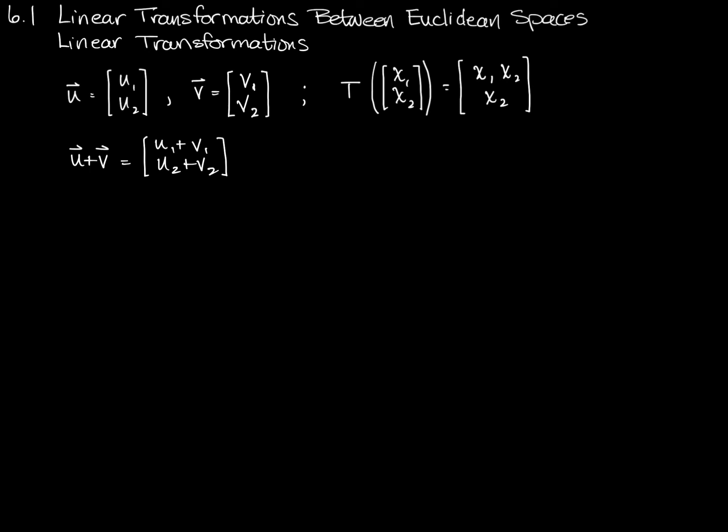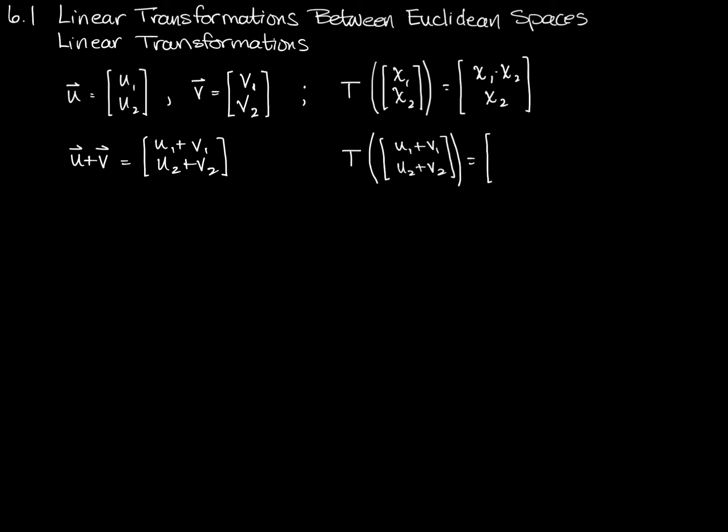And then I'm going to take the transformation of that. The transformation of the vector u plus v is the transformation of the vector u1 plus v1 and u2 plus v2. And in order to do this transformation, what I need to do is multiply the two components together.